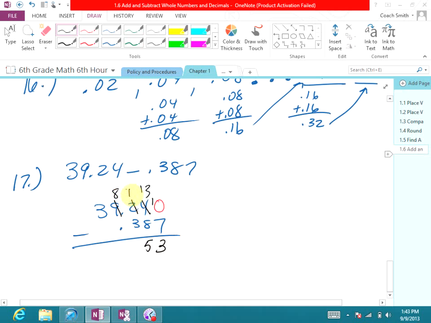Borrow from that, make it 8, make that 11. And then I have 8. So I have 38.853 AU. Okay? You must have the label on that answer. Okay, so that means it's approximately, if you take 92 million and multiply it by 38, that's the difference between the two distances.